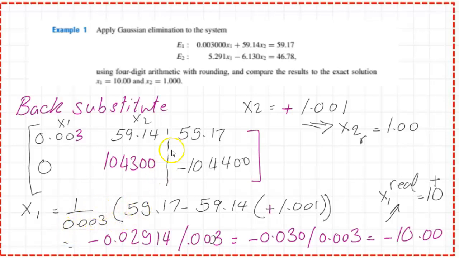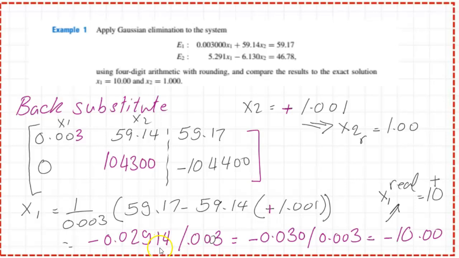x1 will be equal to 59.17 minus 59.14 multiplied by x2, which is 1.0001, all divided by 0.003. This value, 59.17 minus 59.14 multiplied by 1.001, equals minus 0.02914, all divided by 0.003.